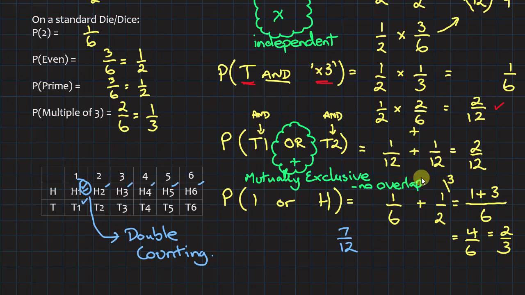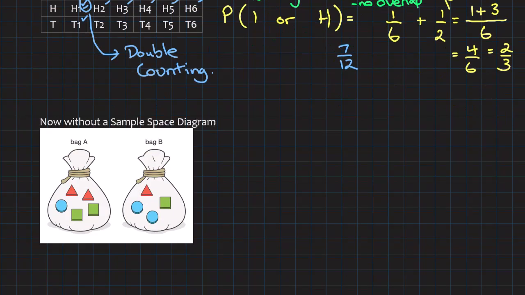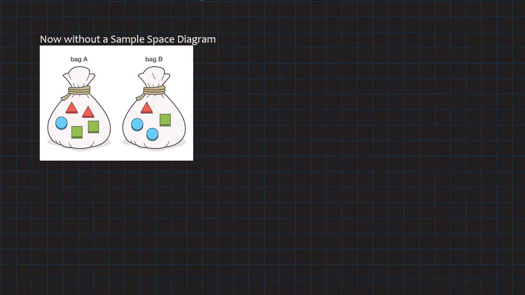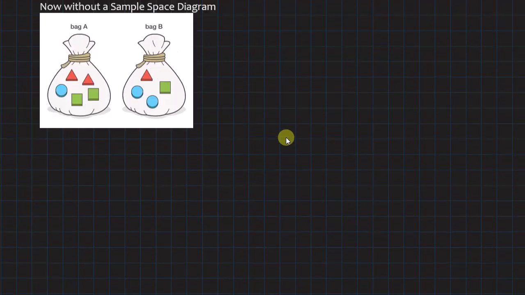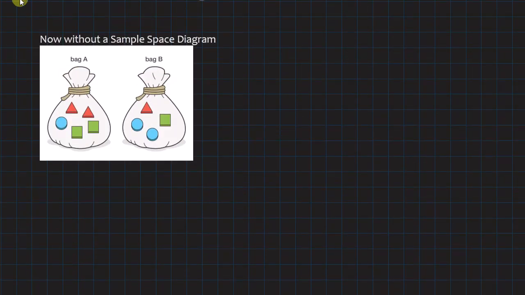Okay, so let's go and do the last couple of questions. This time I'm going to do the questions using probability on 2 bags. We're going to calculate them first because we haven't got a sample space diagram. We will check it in a minute with the sample space diagram. So I want to know what's the probability of blue.